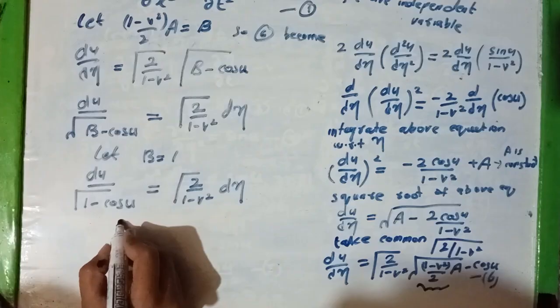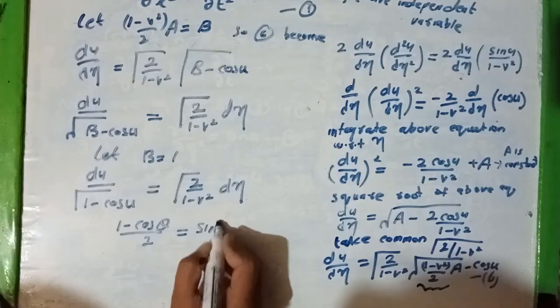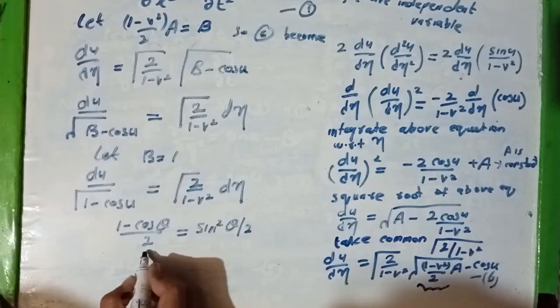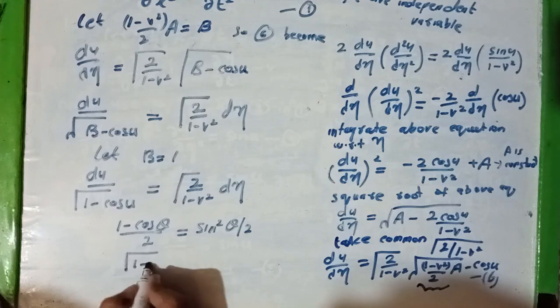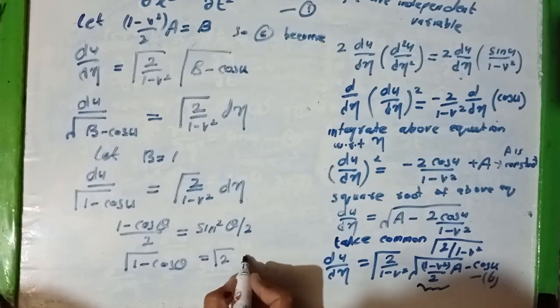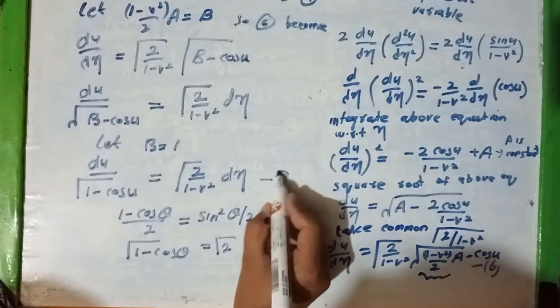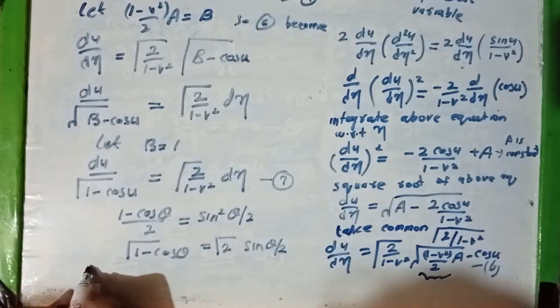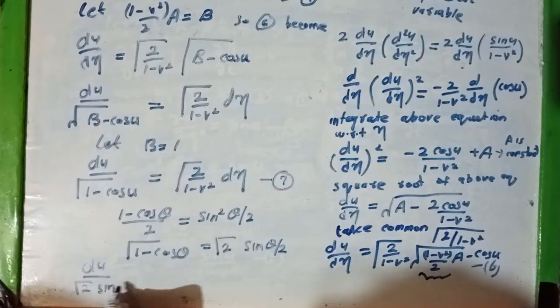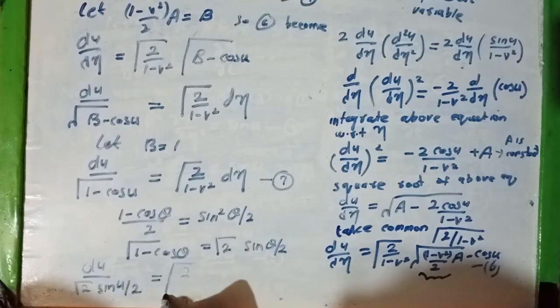Since we know (1 − cos θ)/2 is equal to sin²(θ/2), the square root of (1 − cos θ) is equal to the square root of 2 times sin(θ/2). So equation 7 becomes du over (√2 sin(u/2)) is equal to the square root of 2 over (1 − v²) dη.